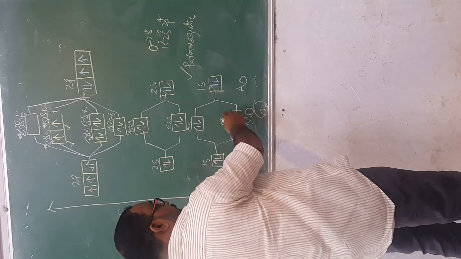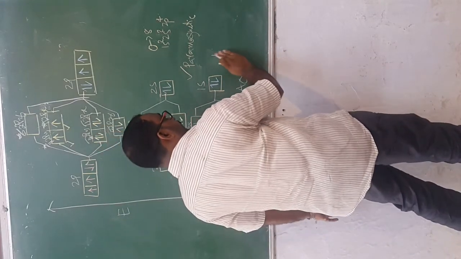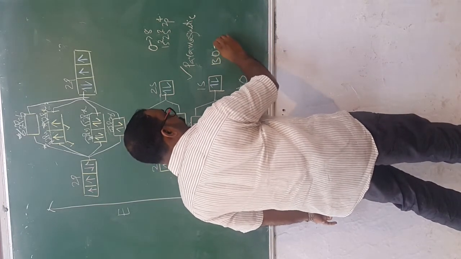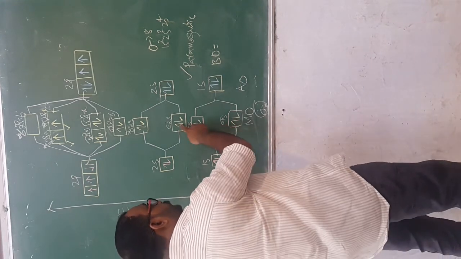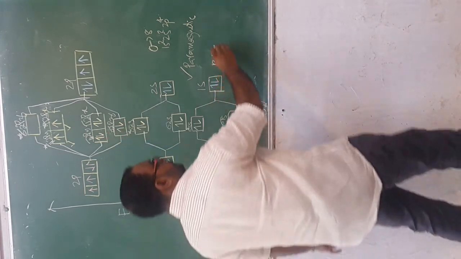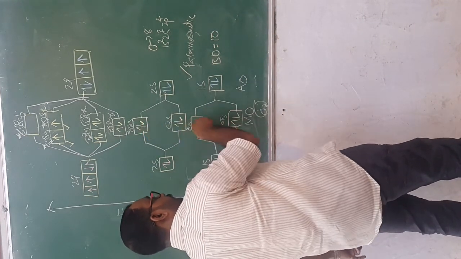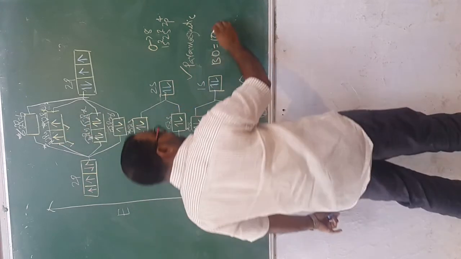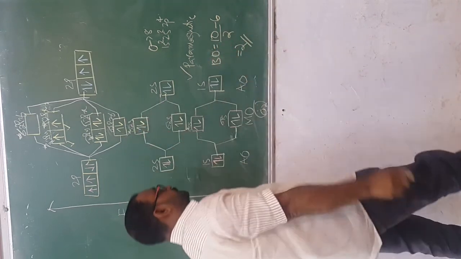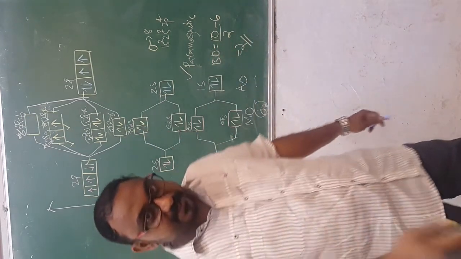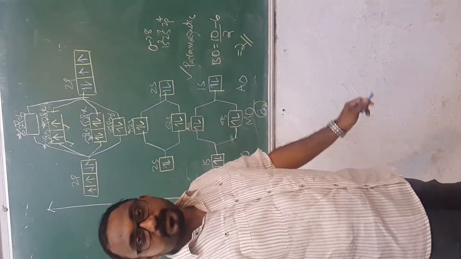Bond order means number of electrons in bonding molecular orbitals minus antibonding. Bonding: 2 plus 2, 4, plus 6, 10. Antibonding: 2 plus 2, 4, plus 2, 6. 10 minus 6 divided by 2. That means 2 is the bond order. So this molecule can exist. Bond order is 2, and it has unpaired electrons, so it is paramagnetic.